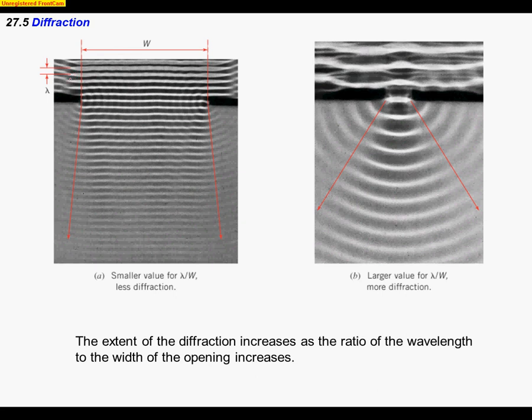Here would be the crest of one wave and the crest of another wave. You can see how this width is much larger than the wavelength itself, so we don't get much diffraction. But here, our wavelength would be from one crest to the next crest, and now our slit is about the same size as our wavelength, and we get much more obvious diffraction.